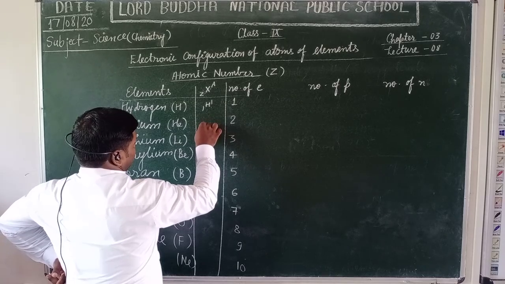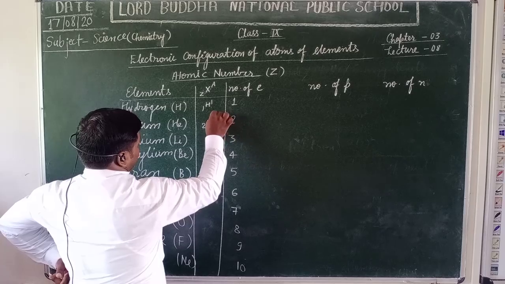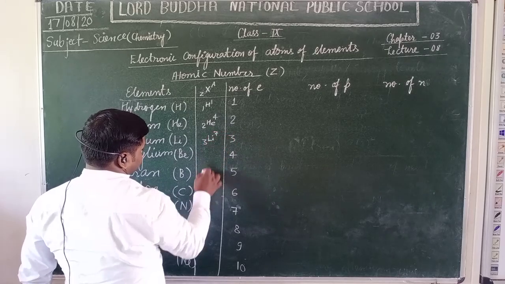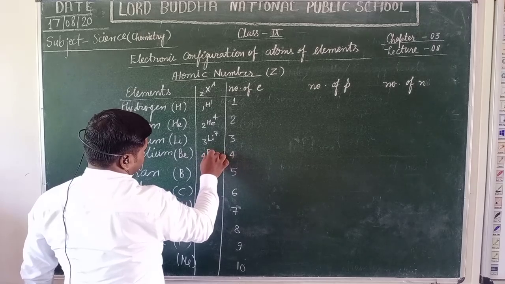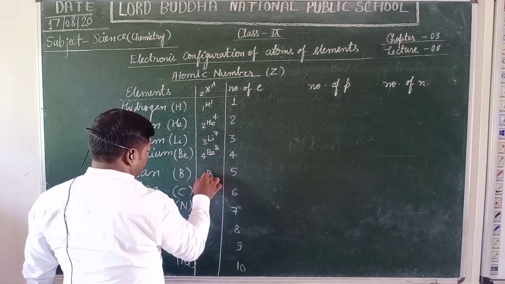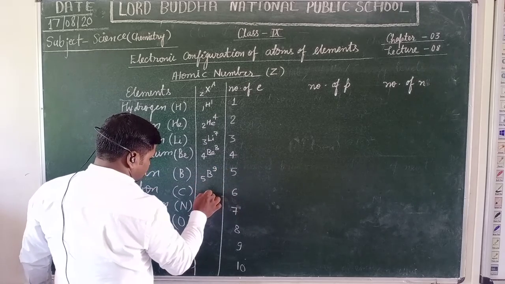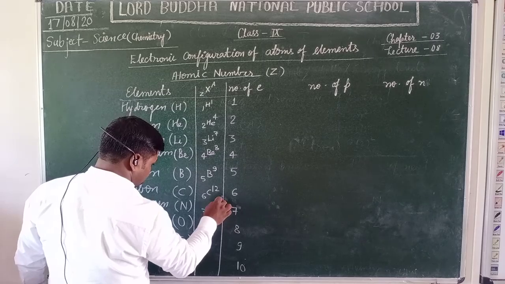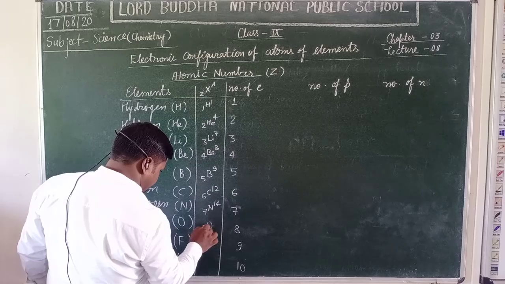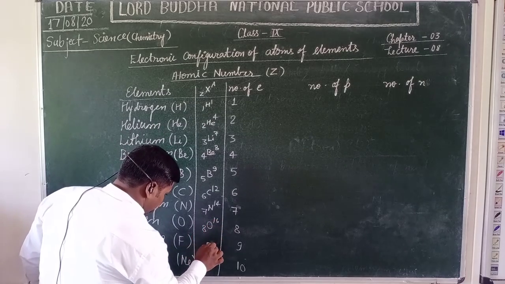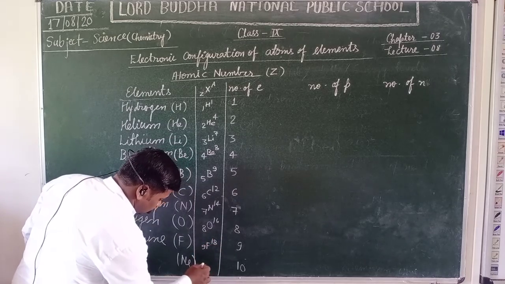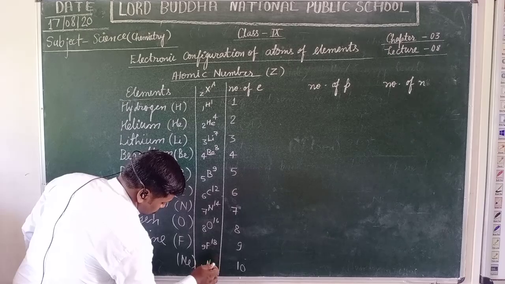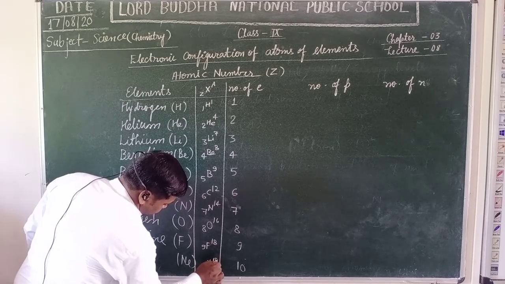1H1 and here 2He4. The mass number of helium is 4. 3Li7, 4Be8, 5B9, 6C12, 7N14, 8O16, 9F18, and here neon 10Ne18 also.